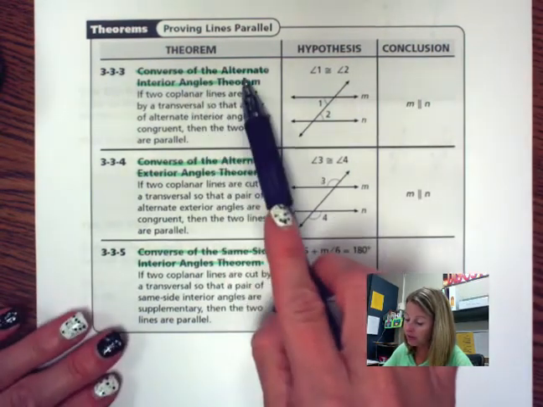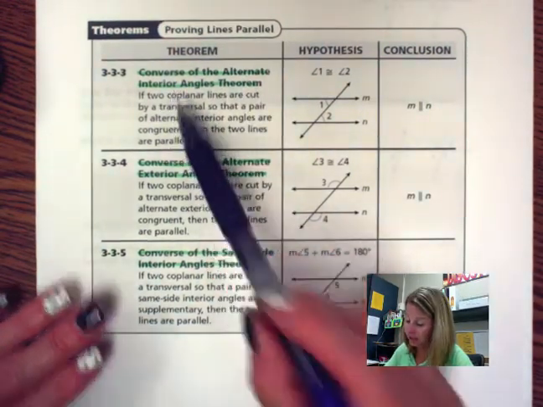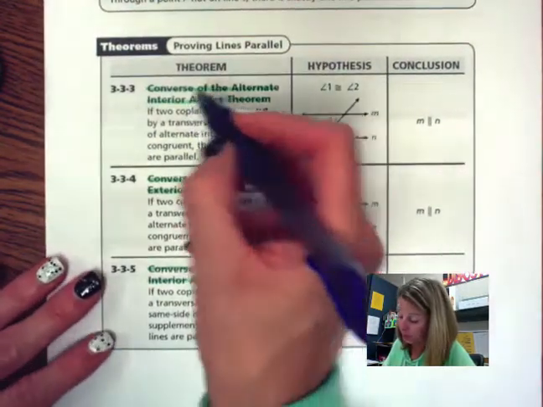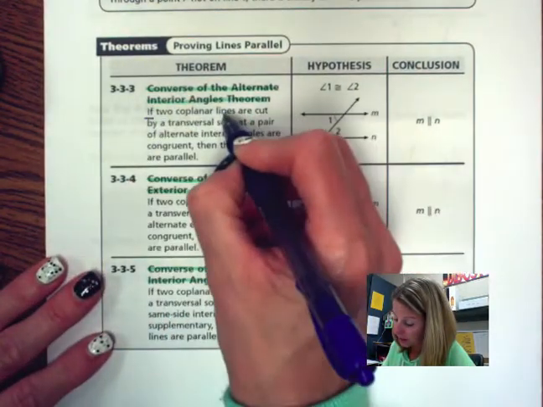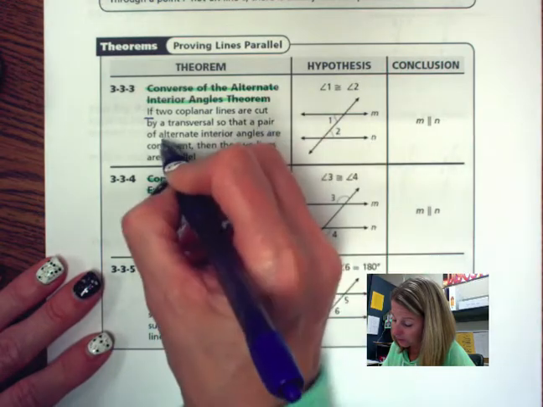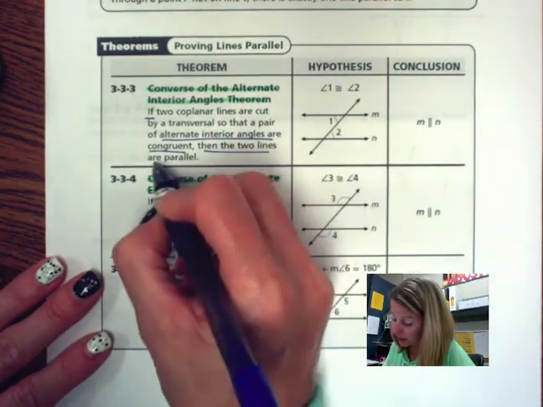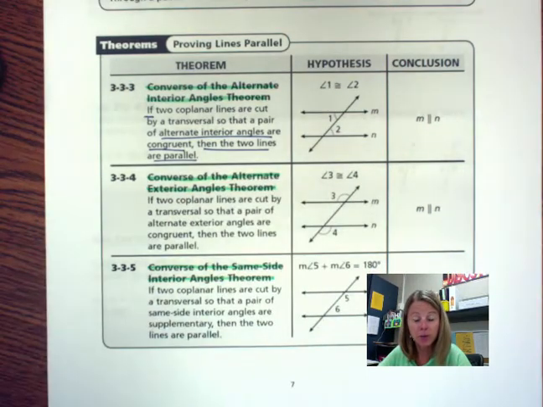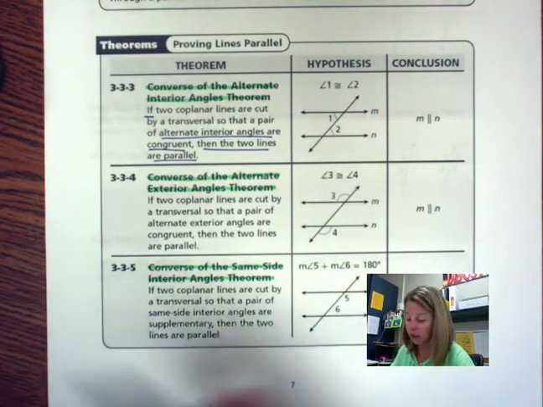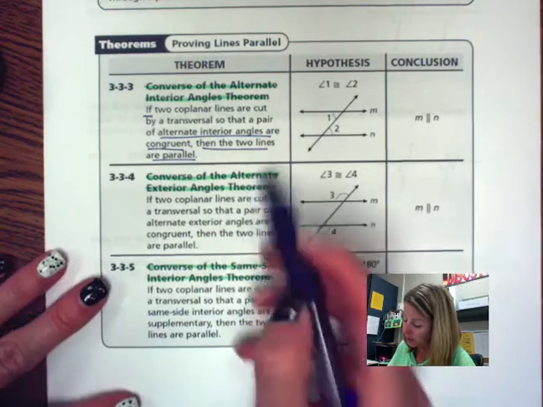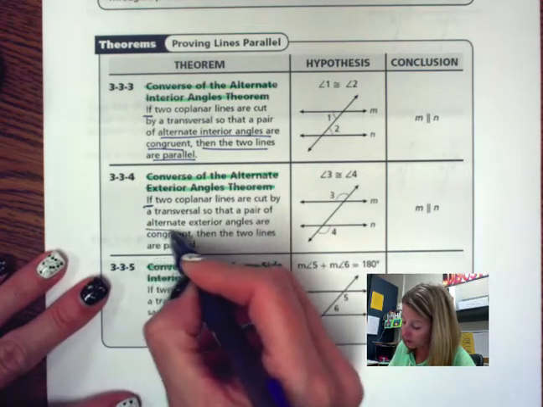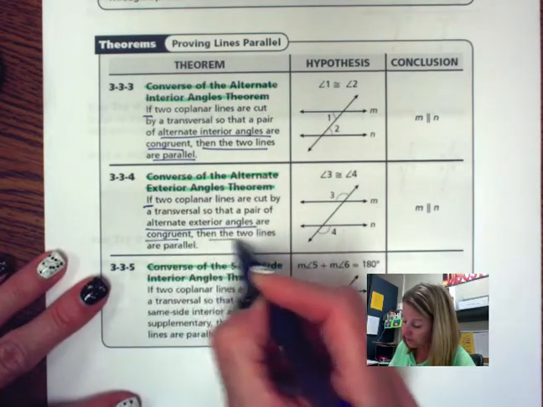So the converse of the alternate interior angles theorem says, and I'm going to underline the important parts, if alternate interior angles are congruent, then the lines are parallel. So if you're given congruent alternate interior angles, then you can say the lines are parallel. Next one, if alternate exterior angles are congruent, then lines are parallel.